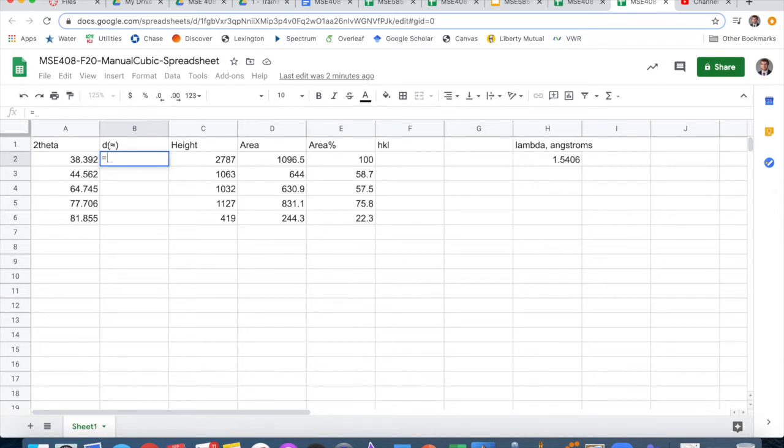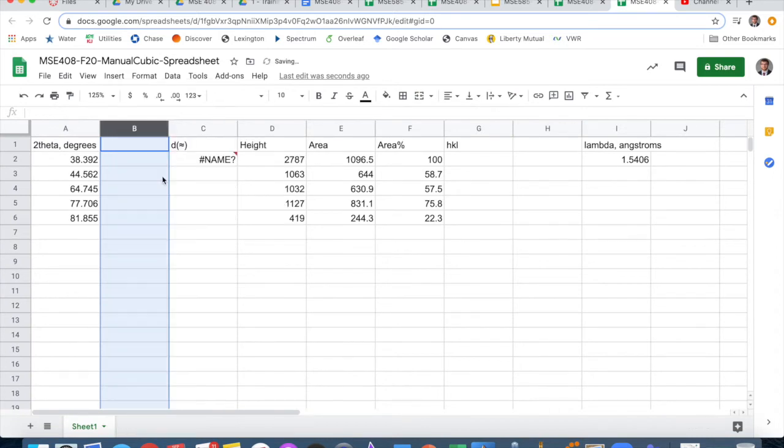So if you rearrange that expression, you'll want lambda, and then you'll divide that by 2 sine, and then this is 2 theta, so you always have to remember to divide by 2, right? Because Bragg's law is in terms of theta, and this is given in terms of 2 theta. One other thing that you'll probably need to know is that the values I have are in degrees, and oftentimes your spreadsheet will not like that.